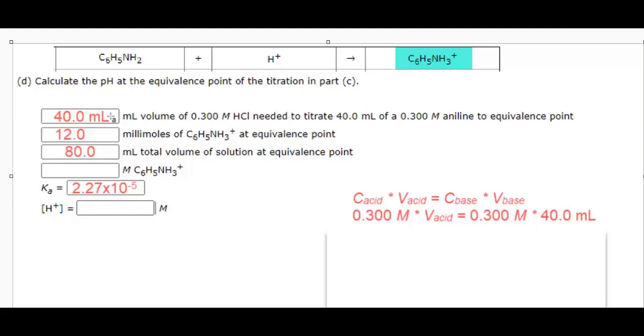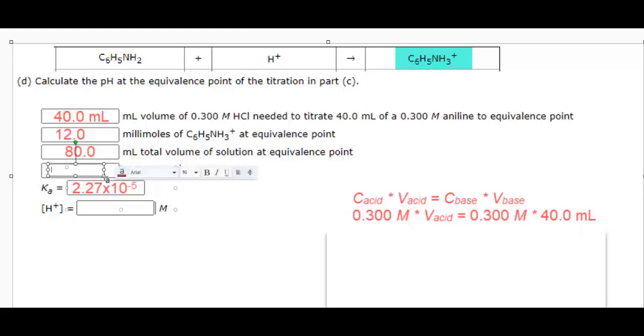They say, what is the pH at the equivalence point? Well, we know it's going to be slightly acidic because we've got a weak acid in here. What's the equation? How do we find out about things? Oh, wait a second. We need to know the concentration of our weak acid. But now we've got 80 mLs, so that's going to be pretty easy.